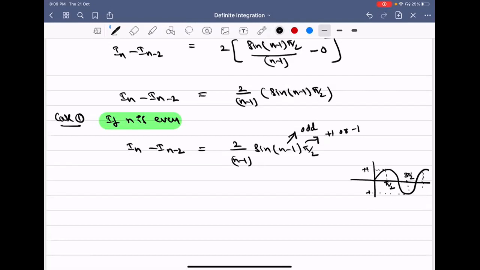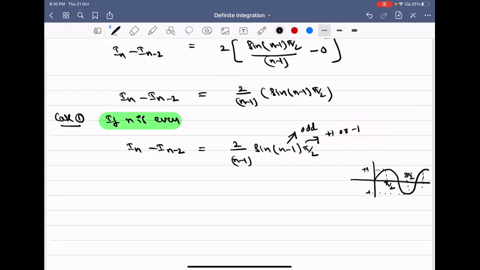So the sine of odd multiples of pi by 2 is either plus 1 or minus 1. Now I_n minus I_(n-2) is equal to 2 by (n minus 1) into sin of (n minus 1) into pi by 2.